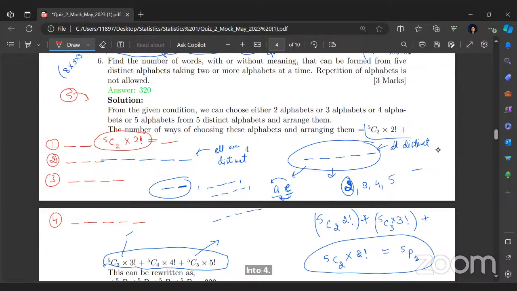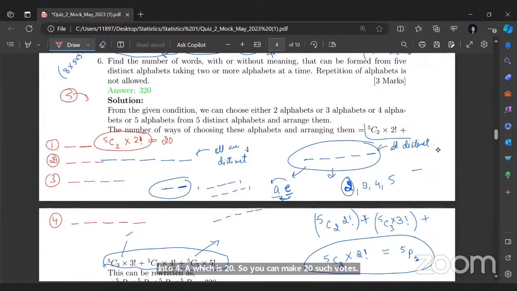So you can make 20 such words of 2 alphabets. You can make words like AT, AND, or anything. It does not even have to make sense. You can have AD, you can have AE, you can have EA, anything. It depends on what 5 alphabets are given to you, right?